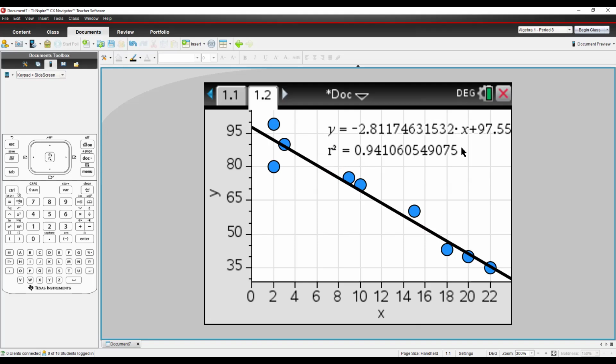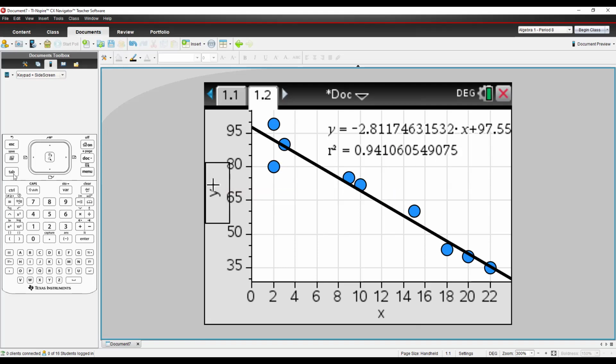I'm going to write R squared equals 0.941605. Whoops, I messed up a little bit. You don't have to write all of those numbers. I would say write like 6 decimal places, and you should be good. Once I do that, I'm just going to take the square root of that number, and that's going to give us R.